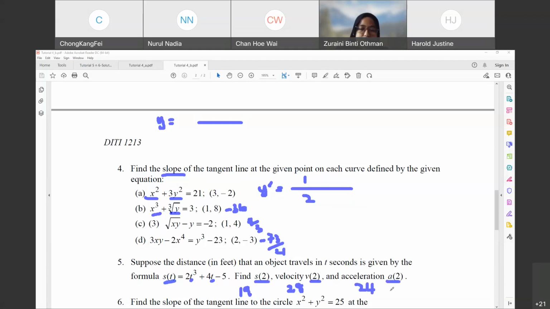Any question for this? Ingat yang ni soalannya is given by dia directly. Maksudnya dia straight away find S(2), velocity and acceleration. You have to find and refer to any question from internet or in books. Okay, you can find that there is a lot of question yang ada halaju ni.